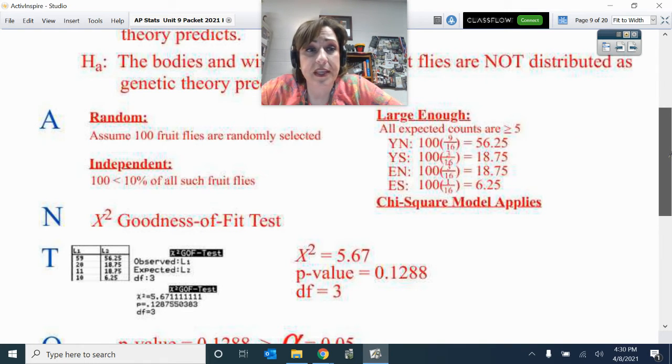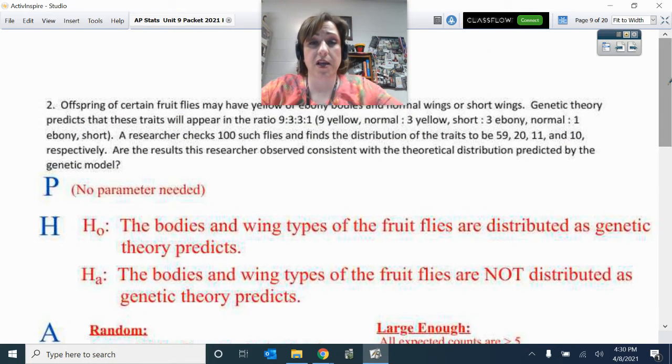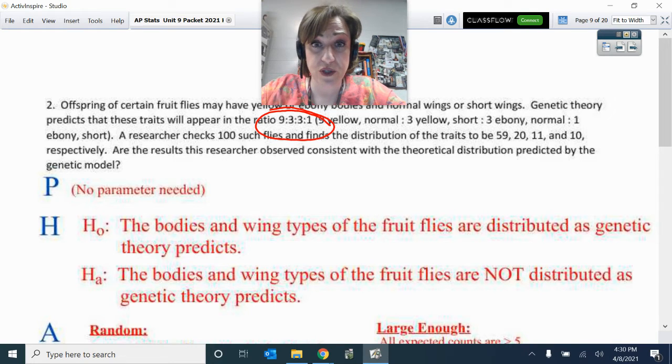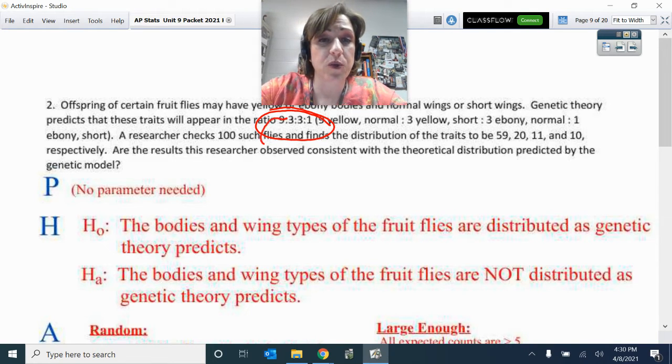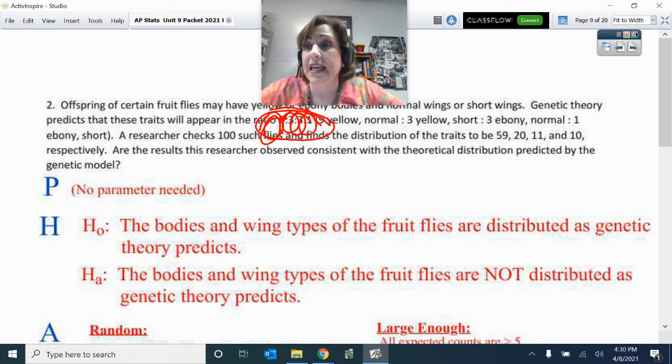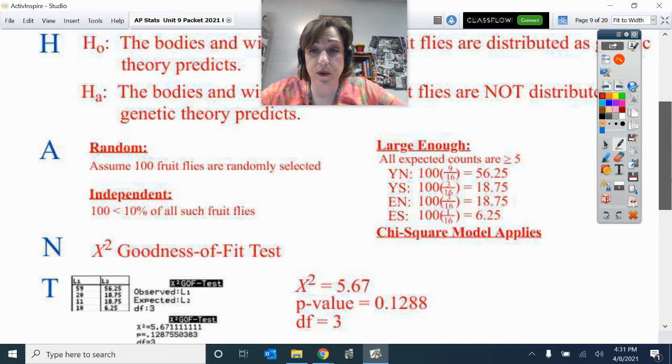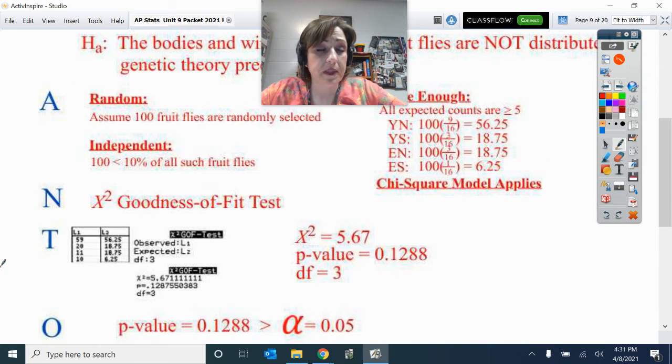Remember that there were a total of 16 parts in this distribution. So the first one was 9/16, the second is 3/16, the third is 3/16, and the last is 1/16. Those were the rates we were talking about here.